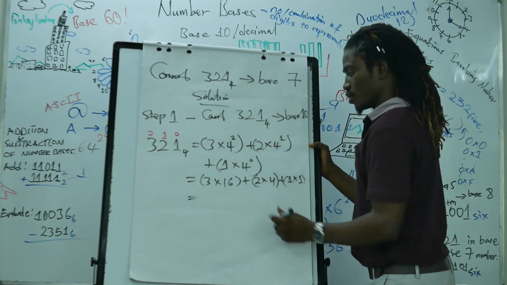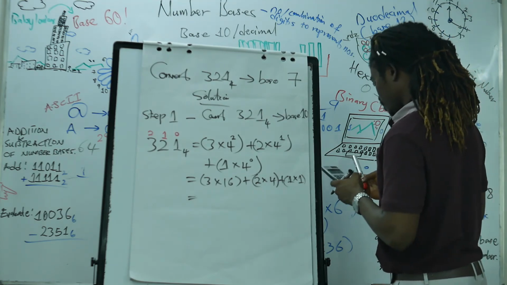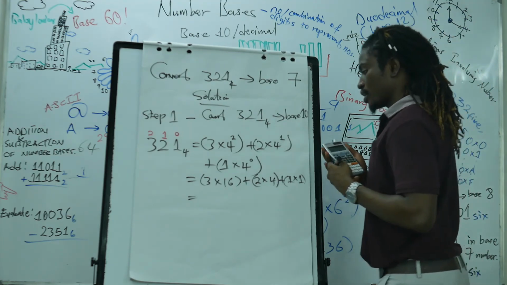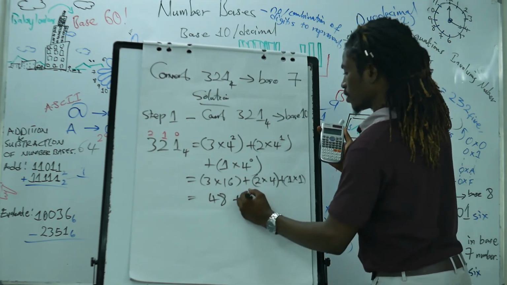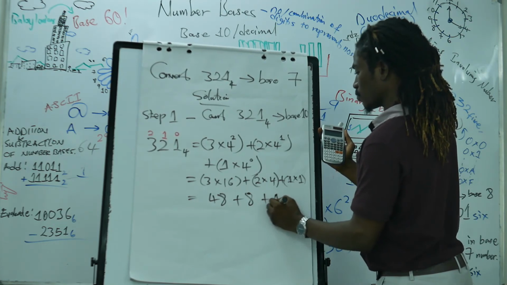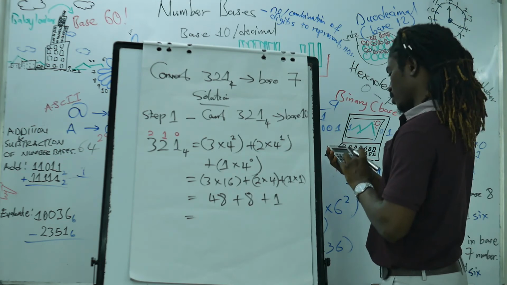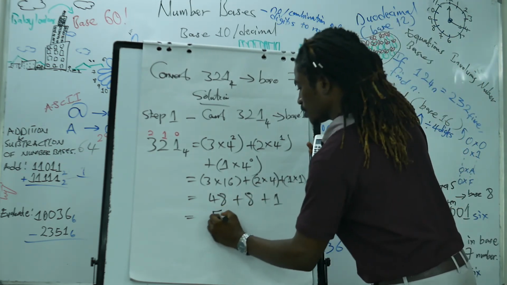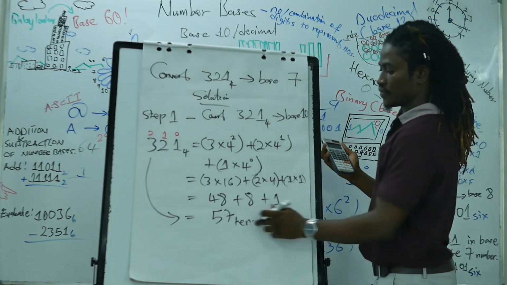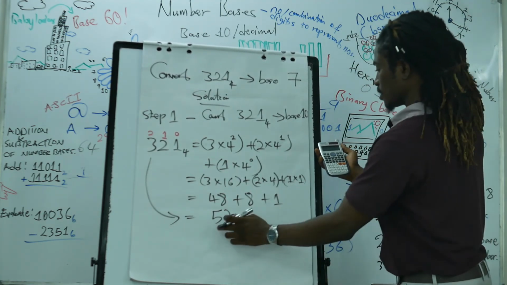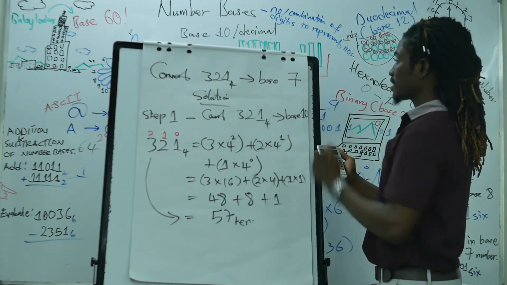So this is going to be equal to 3 times 16, 48, plus 2 times 4, 8, plus 1 times 1, 1. So this is equal to 48 plus 8 plus 1, which is 57 in base 10. Now this same value is what we are going to convert to base 7.